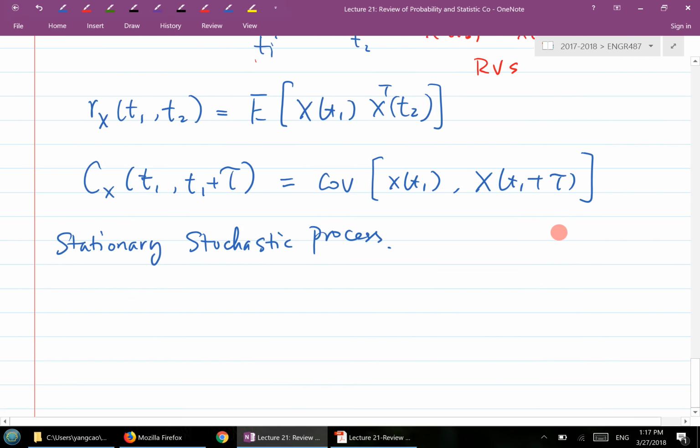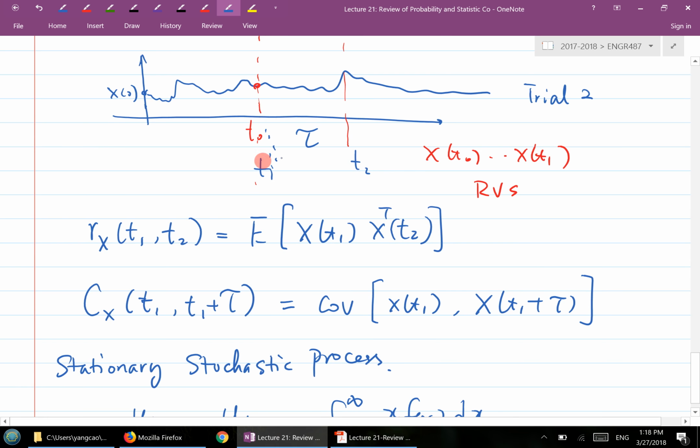If I calculate the statistics, for example, the mean value at t1 and also the mean value at t2, they will all be the same mean value. In other words, the statistics of this process are not going to change at a different time moment.